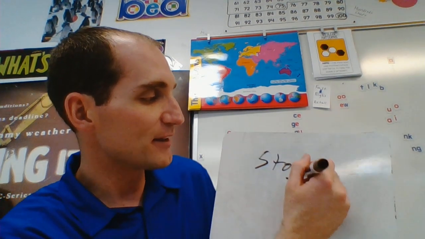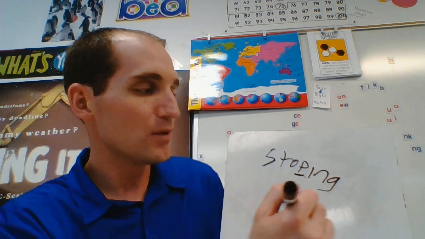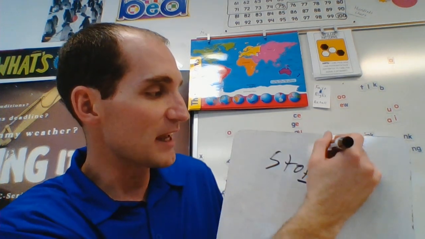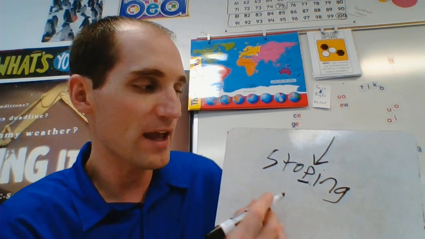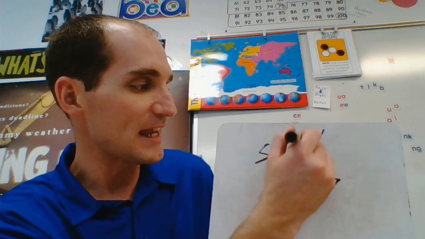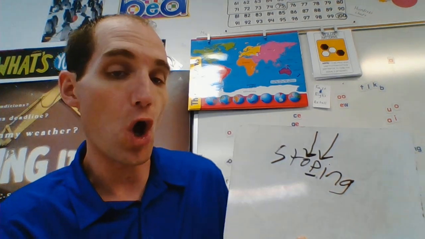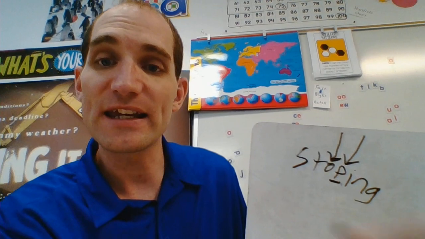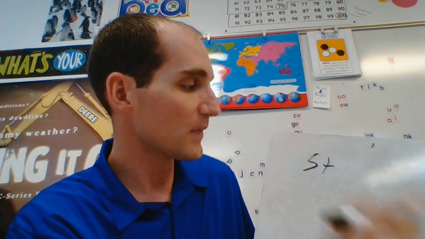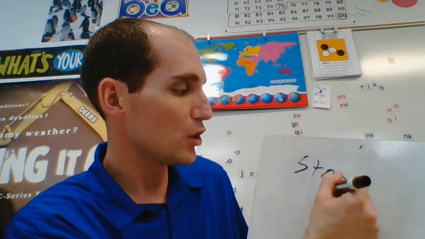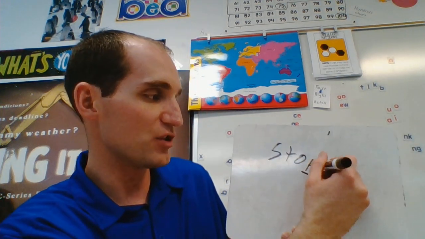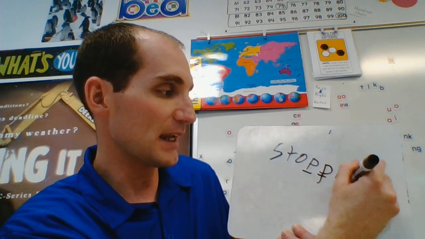This word would be stoping, which is not a real word, because if there's only one letter right there, then the vowel's going to say its long sound, O. If we want to continue to say stopping, then we have to put two letters before the ing. Stopping.